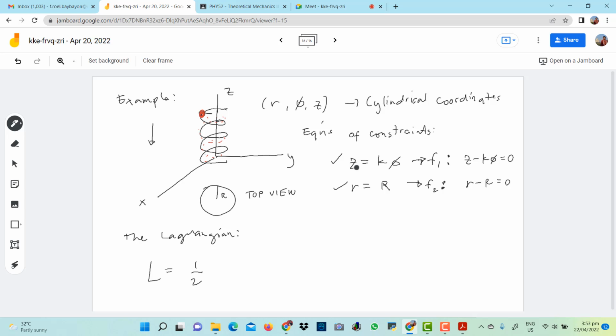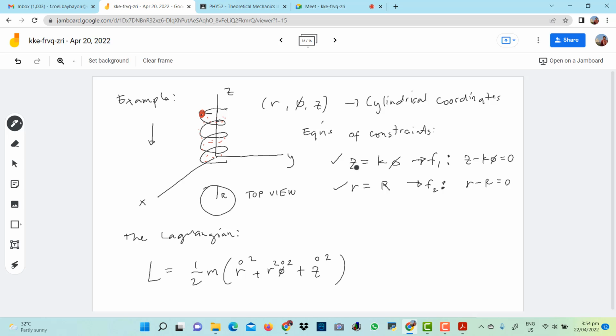So I have three kinetic energies: one half m r dot squared, translational for r; one half m z dot squared, translational for z; and rotational with respect to phi, one half m r squared phi dot squared. The angular velocity is phi dot, the linear velocity is r phi dot, and taking the square, you get the rotational kinetic energy one half m r squared phi dot squared.